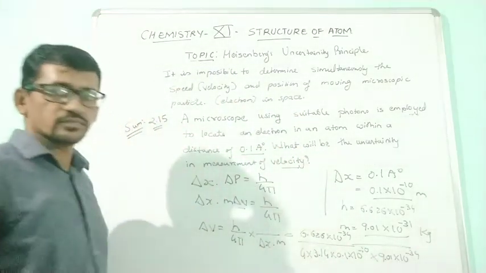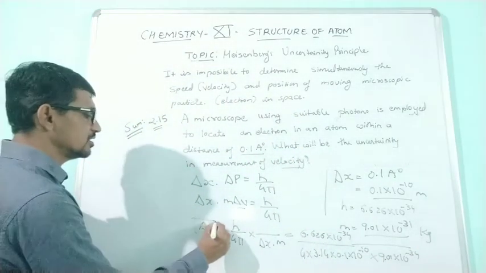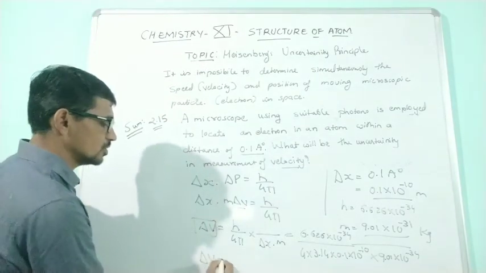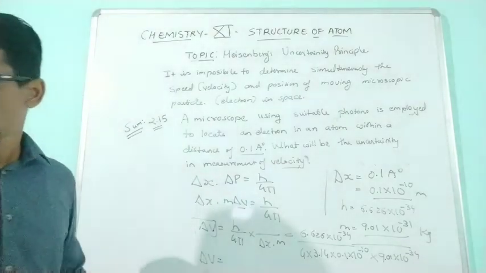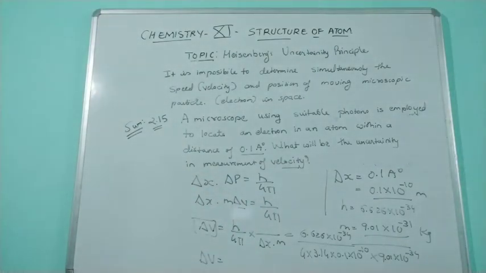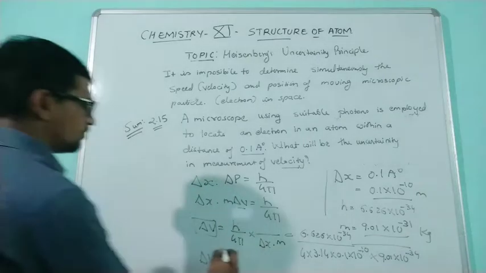If you solve this, we will get the delta v value, which comes to 5.79 into 10 raised to 6 meter per second.